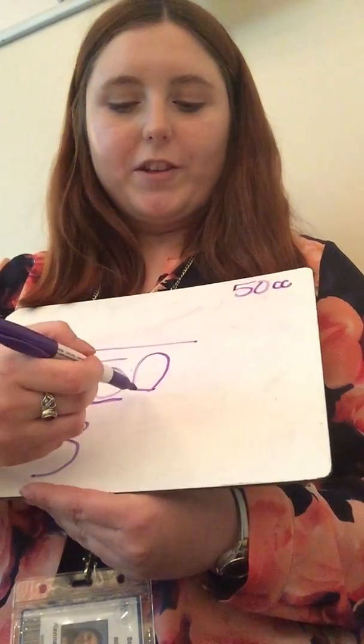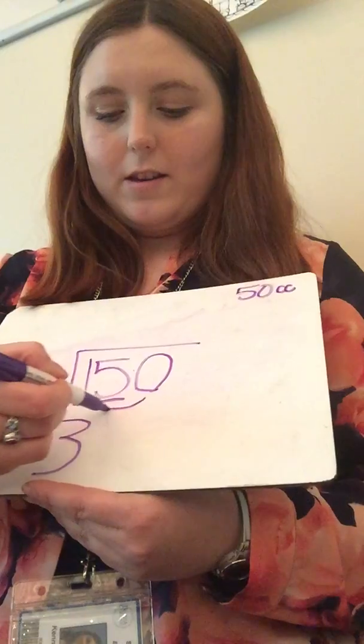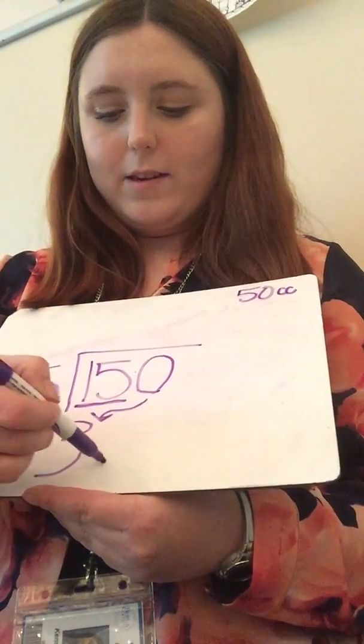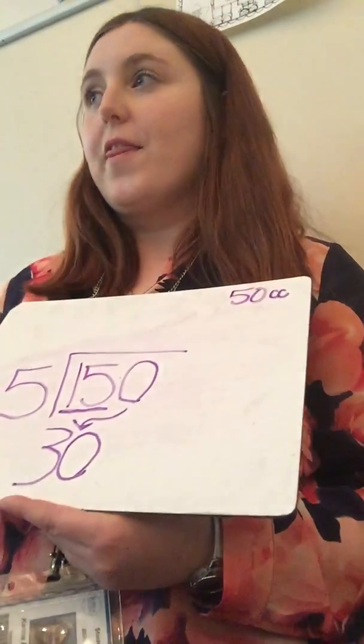And then what are we going to do with our 0? Yep, we're just going to bring it down and make 30. So each of the students are going to get about 30 mini Hershey's.